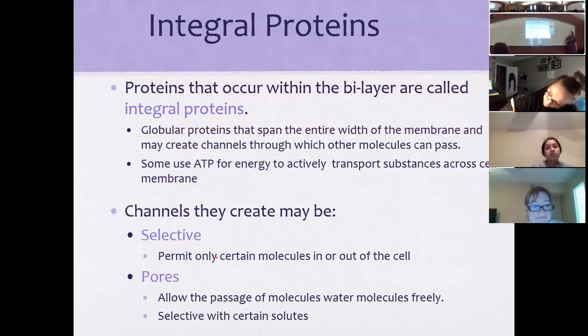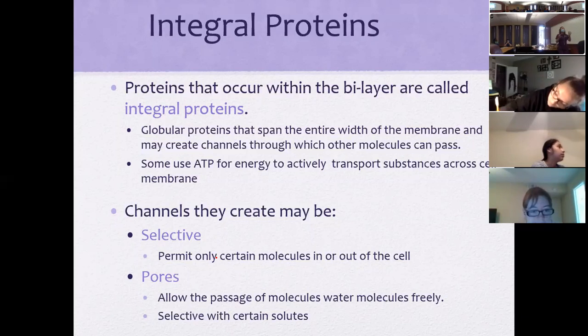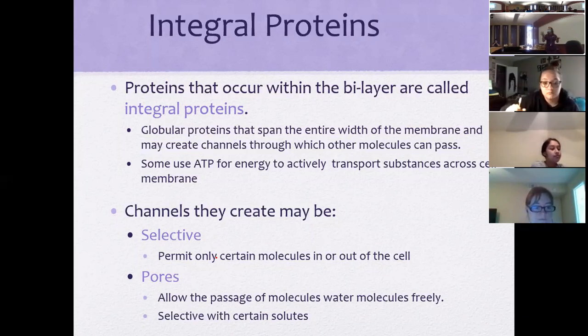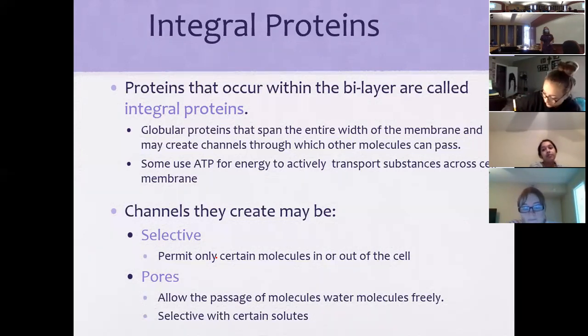Now this doorway can be selective, where I say, okay, there's an emergency and we need to very slowly only allow certain people out. So this door is only going to open for certain people. Or it could have something called a pore, where the door opens for all of you, and any one of you can walk through it at any time.